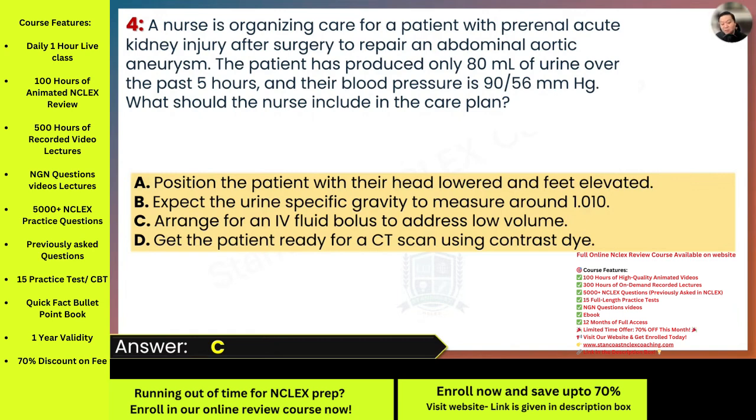And so you have to look for the answers that address the volume status and the blood pressure. And you have to question those options that introduce interventions that could potentially harm the patient or worsen their condition. And so you've got to pay attention to the clinical clues in the case as well. You have the low urine output and the low blood pressure.